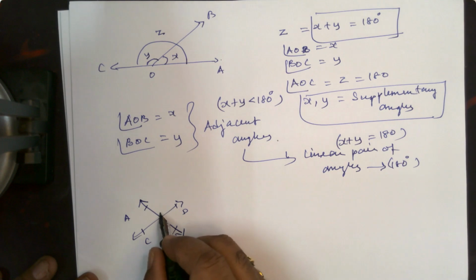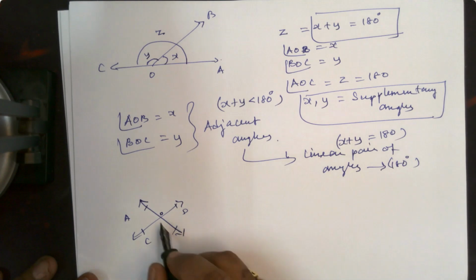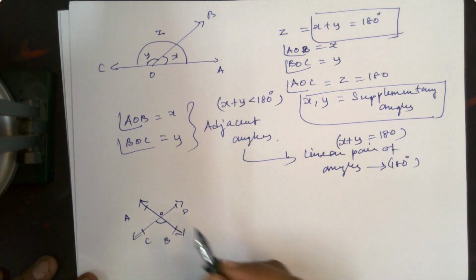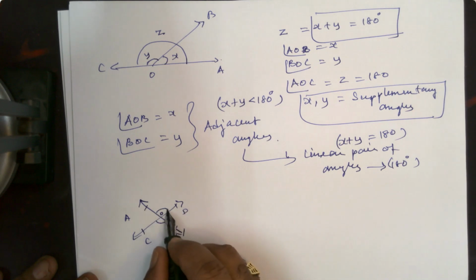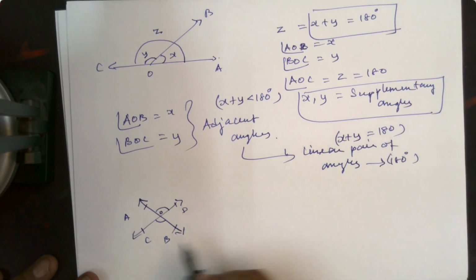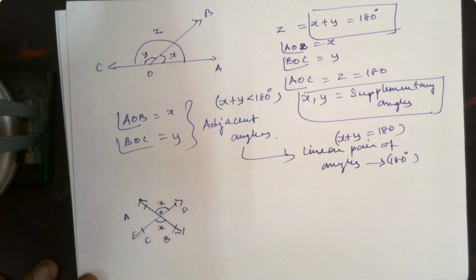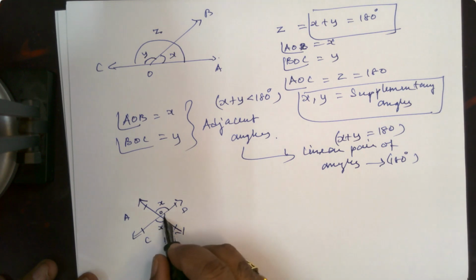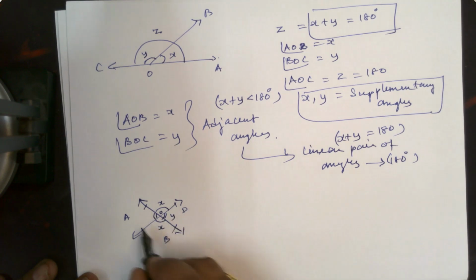They meet at O. So in that case, BOC and AOD are vertically opposite angles. Let me call them X and X. They are equal. And these two are equal. They can be called Y.